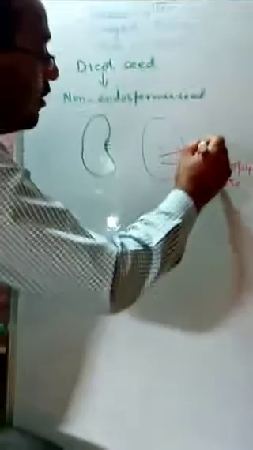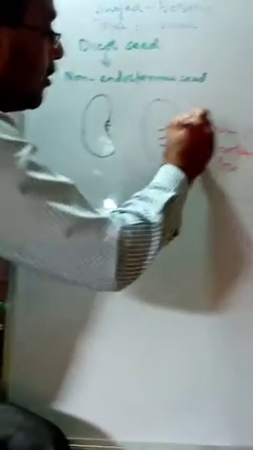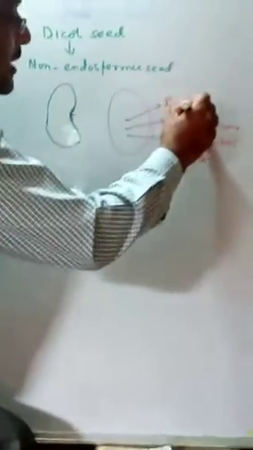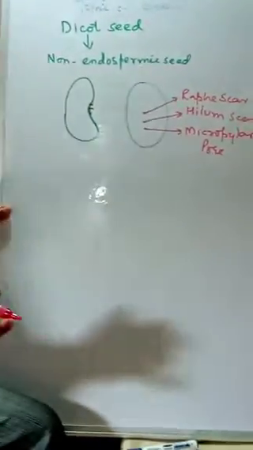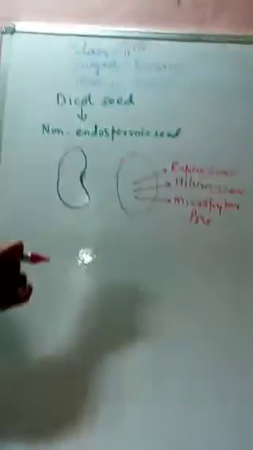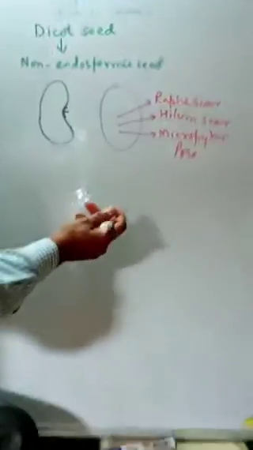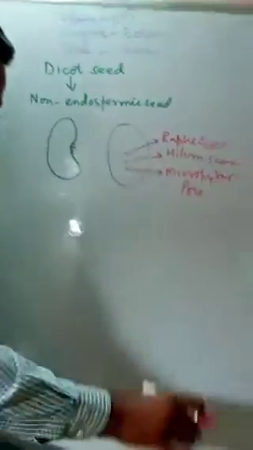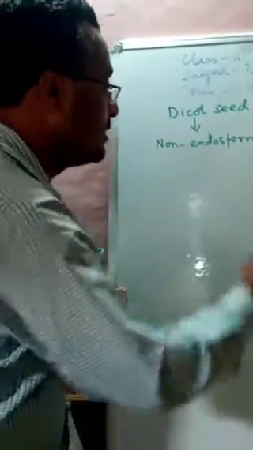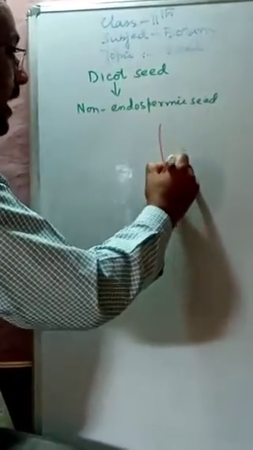Then this is called as hilum scar, and this is called as raphe scar, जो हमने कल discuss किया when we were discussing the structure of this ovule. Now, in case of this non-endospermic seed, जब हम seed का जो coat होता है, testa जो हमारे पास होता है या tegmen जो होता है, when we remove that, we will find a part like this that is called as this embryonic axis.